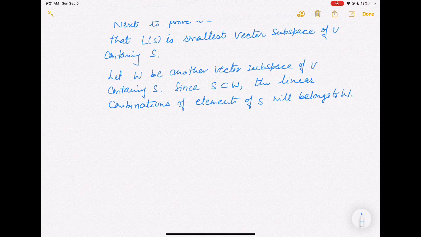So the linear combination of elements of S will belong to W.